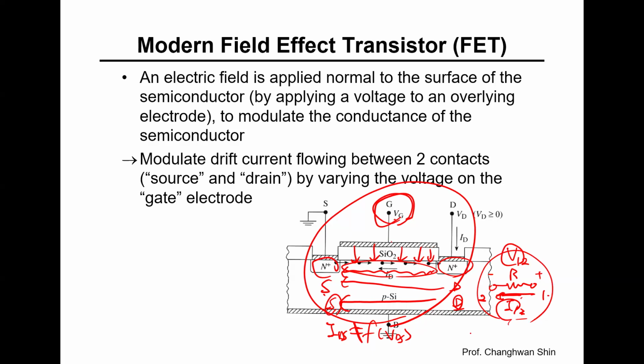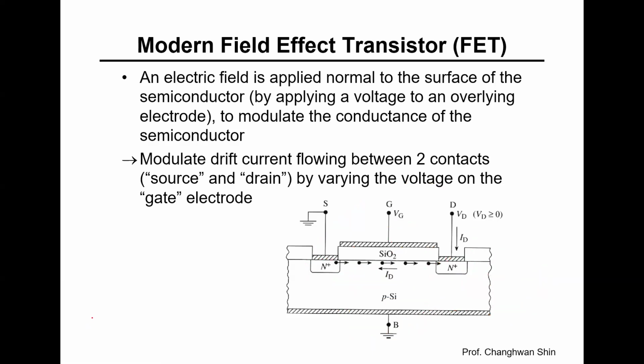Okay, so let's think about the source again. Think of the source as a reservoir of electrons, and the drain as where these electrons flow to, and the gate as a valve controlling this current flow. So when you turn a water faucet handle, which corresponds to the gate, you're not directly touching the water, right?